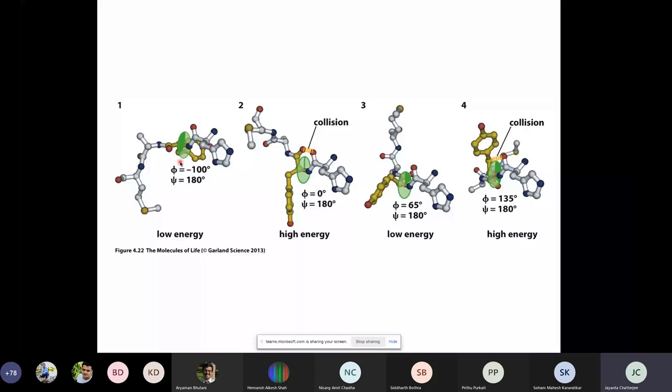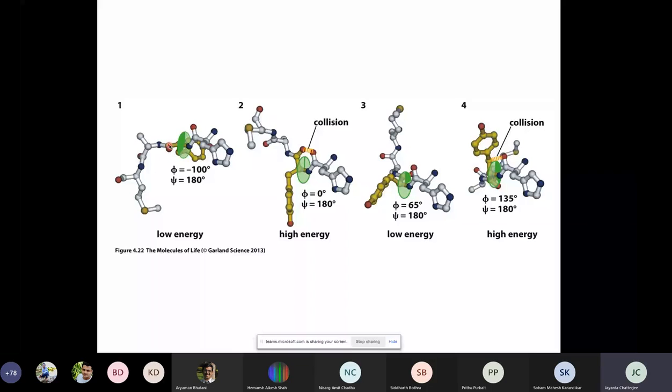It's a little difficult to see, but you can see that this carbonyl carbon of the histidine is here now, and the carbonyl oxygen is here.